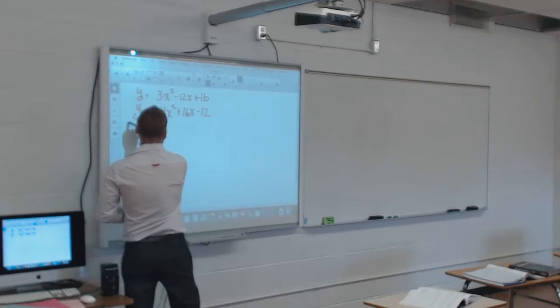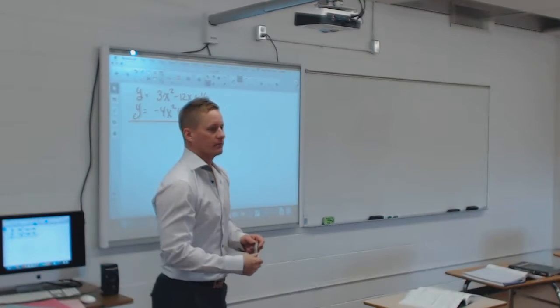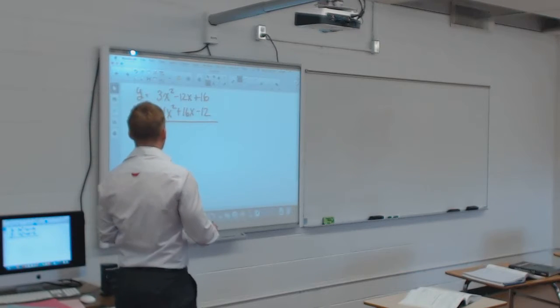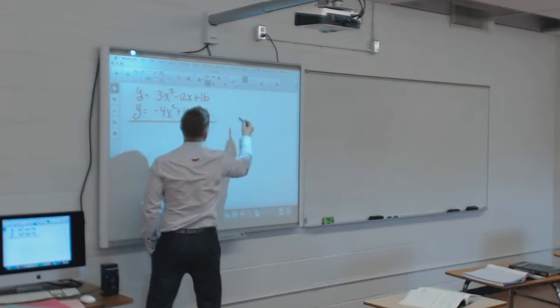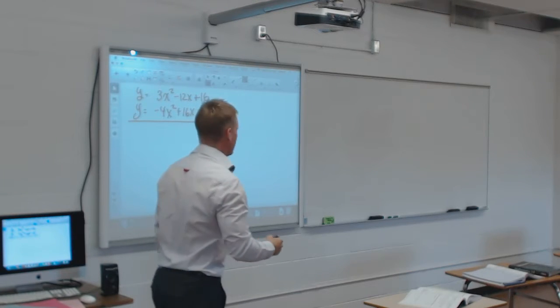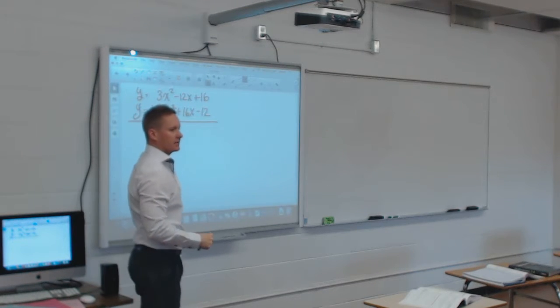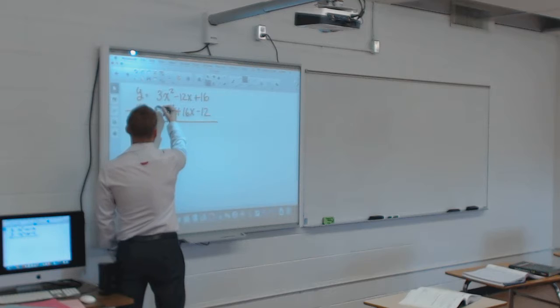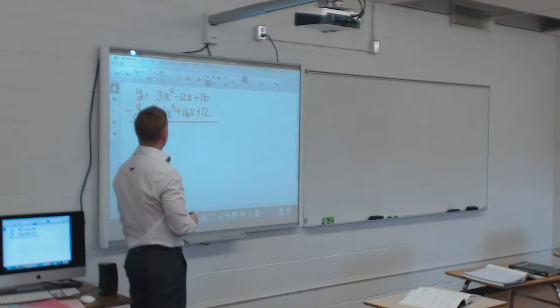So here's what happens. I'm going to get rid of the y's. How do I get rid of the y's here? Subtract. In other words, I'm going to change all of the signs of the second equation and add it. So basically, I'm going to multiply everything down here by minus 1 and add it to the top. That's a subtract, and that's an add.